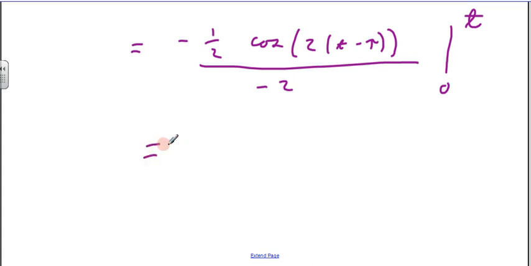Okay, so I'm going to have 1/4 minus, well, when I put a t in there, I'm going to have cosine 0, that's going to be 1, so that's going to be 1/4. Minus, when I put a 0 in here, I'm going to have cosine 2t. So it's going to be minus, minus, minus, bunch of minuses, 1/4 cosine 2t, and that checks with back of book.